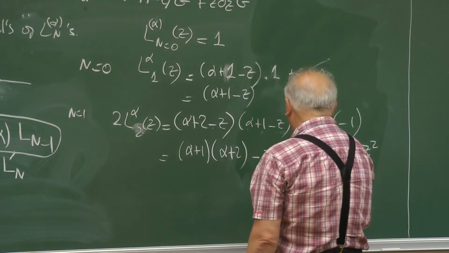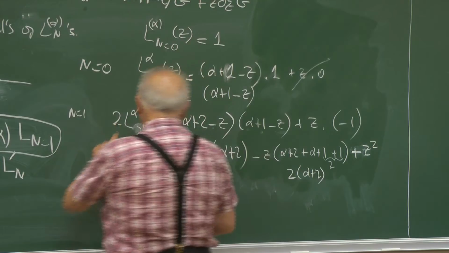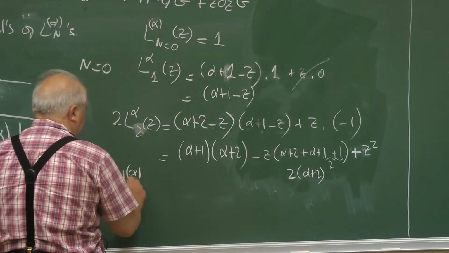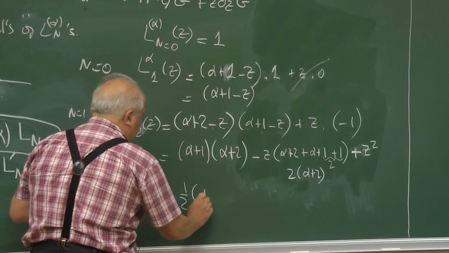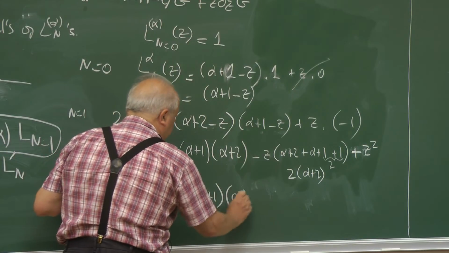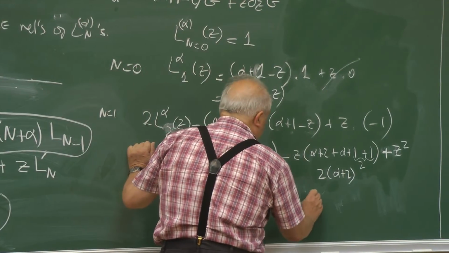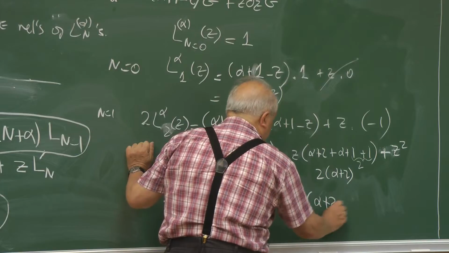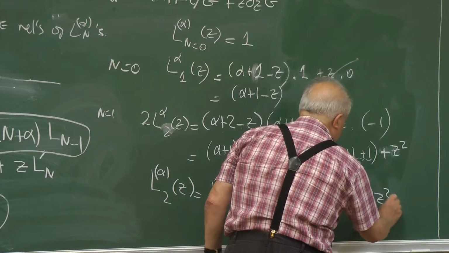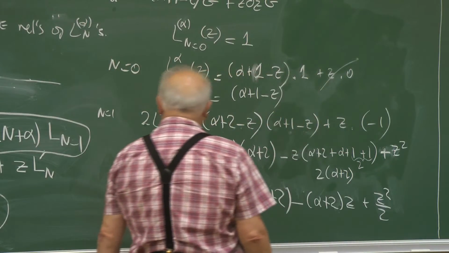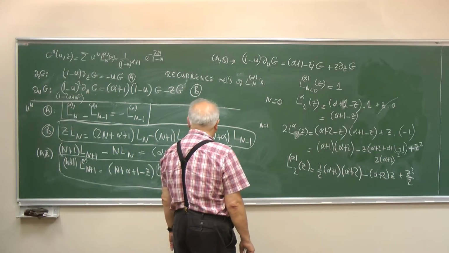So altogether this is 2 times alpha plus 2. And I am dividing by 2. So L alpha 2 of z is equal to 1/2 alpha plus 1 alpha plus 2 minus alpha plus 2 times z and plus z square over 2. So it checks with what we have found before.